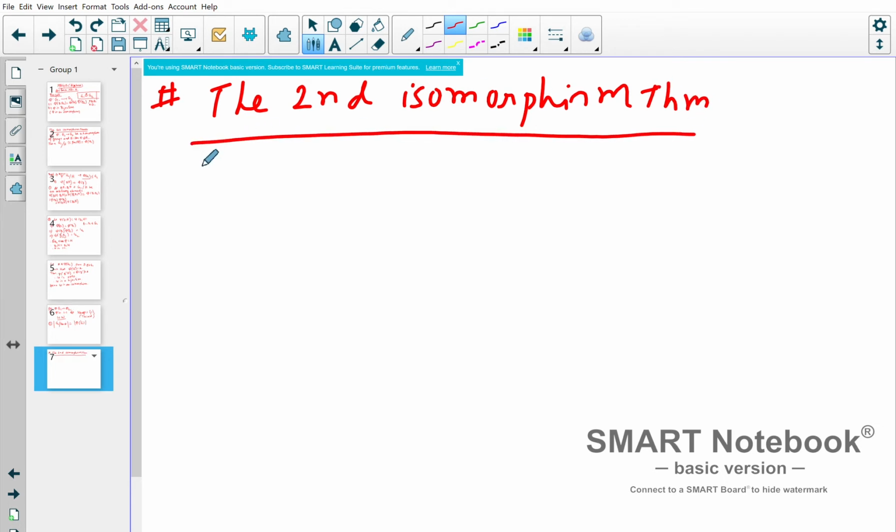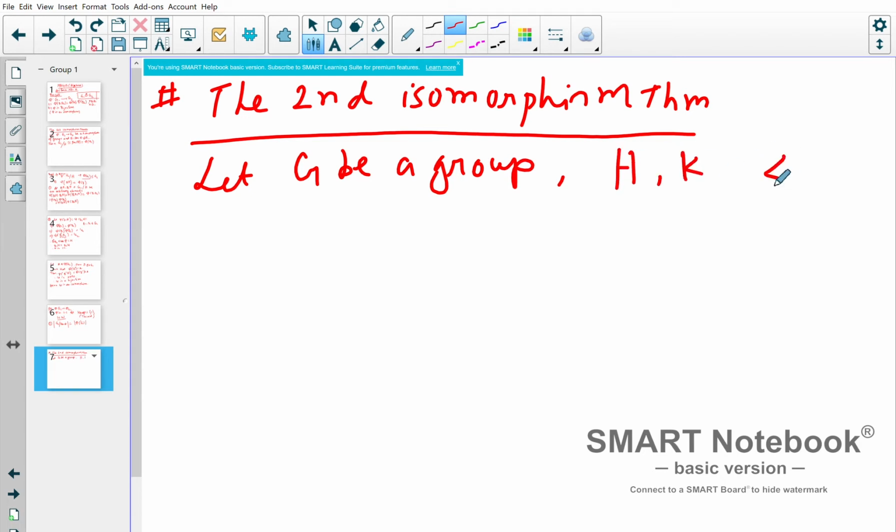You start with a group G. Let G be a group, and you have two subgroups, H and K. They both are subgroups of G with some condition. What is the condition? Your H must be a subgroup of the normalizer of K in G. This is given to you.